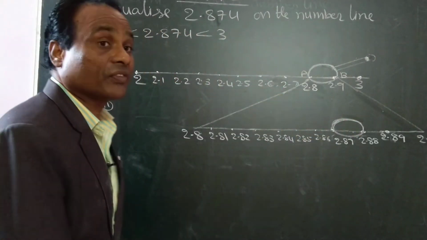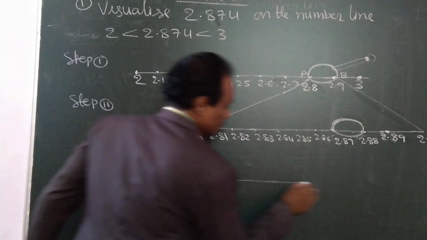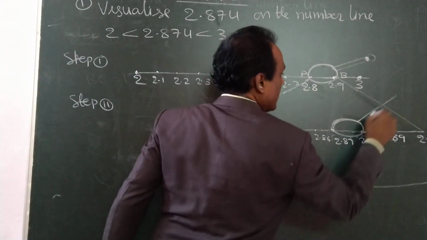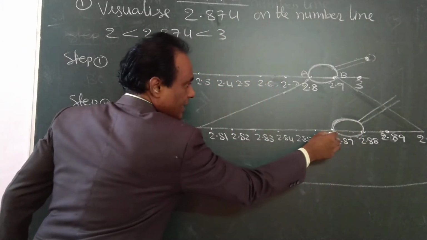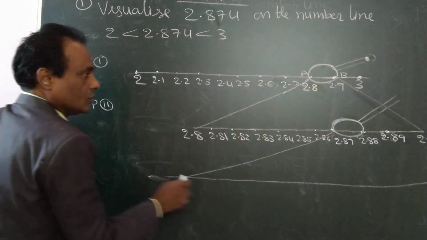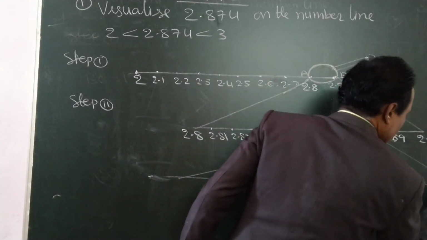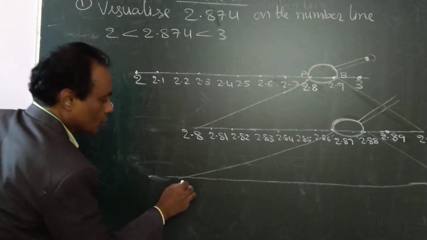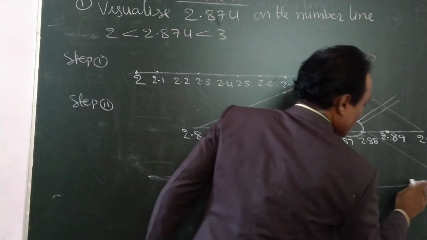But how to represent it? Again take a magnification. See here. Put the instrument here. 2.87 is reflected here, 2.88 here. Don't write.